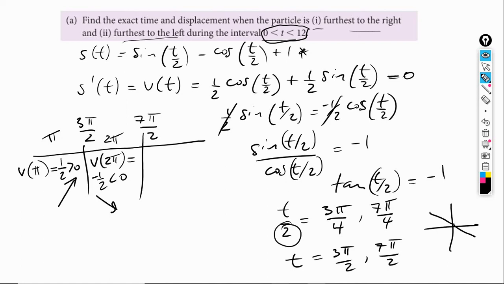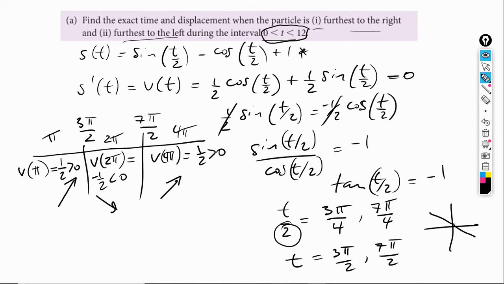I'm assuming 7 pi halves is a minimum, but we have to test the value after that to see if the graph increases after 7 pi halves. So let's test 4 pi. If we plug 4 pi into the velocity function, we're going to get 1/2, which is greater than 0. That means that the graph is increasing, so this is a minimum. So that's all we really need.